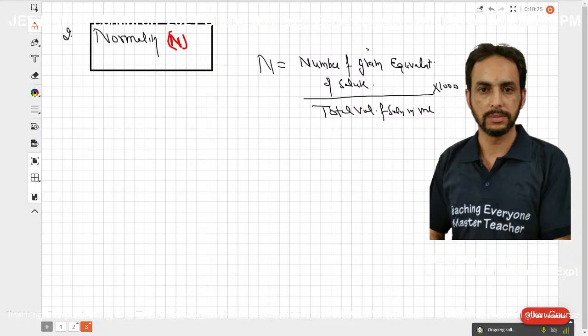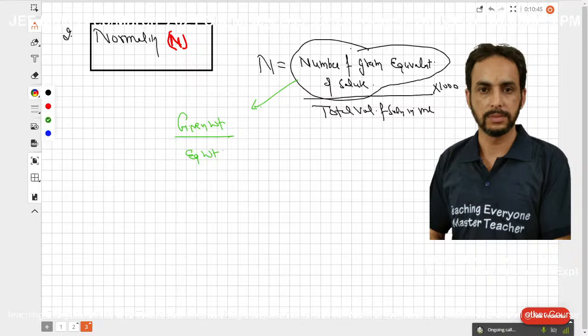Now, as you know how to calculate the number of gram equivalents, this is simple. The number of gram equivalents of a component can be calculated as given weight upon equivalent weight. Also, equivalent weight of any component can be calculated as follows. For acids, it's molar mass divided by basicity.